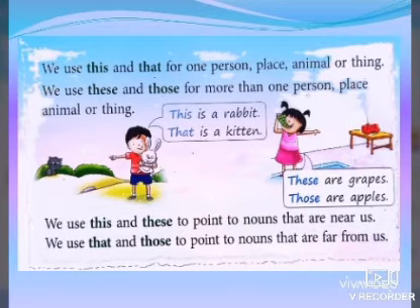Those apples are far from her, and they are in plural form. They are so many, so those are apples. Then we use this and these to point to nouns that are near us, and we use that and those to point to nouns that are far from us.